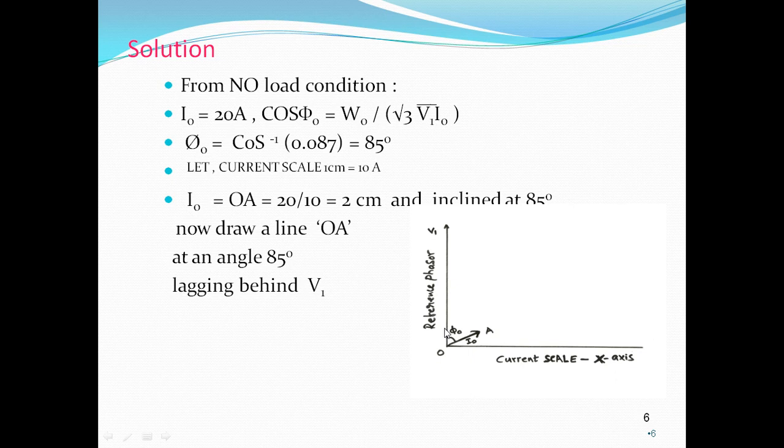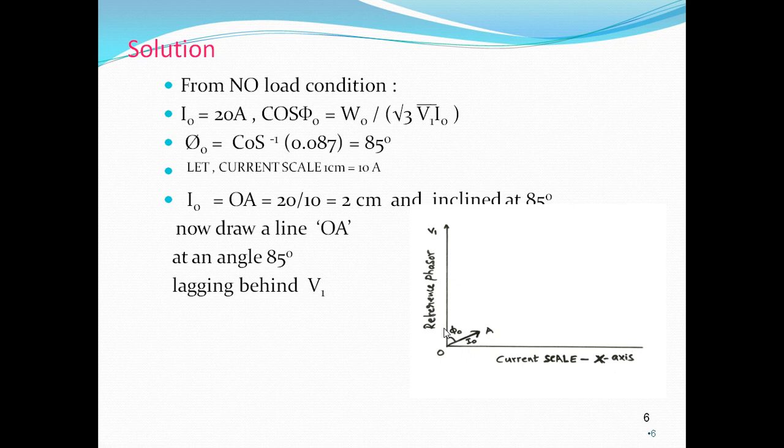Here is one thing where some people make a mistake. Some people will take 2 centimeters like this, or like this, which is wrong. We have to take 2 centimeters at an angle of 85 with the vertical axis, that is V1.